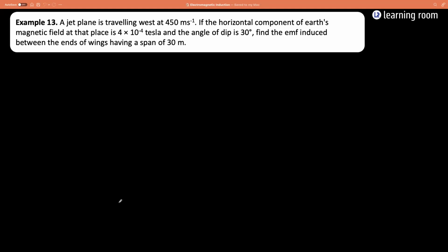So I need the perpendicular component of the magnetic field, which is going to be vertical. So what is going to be the value of B vertical?